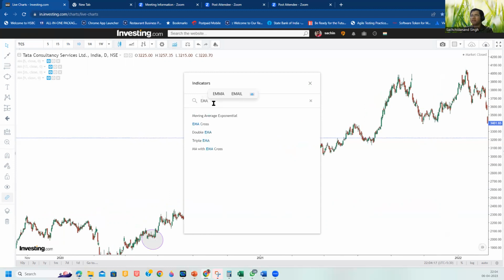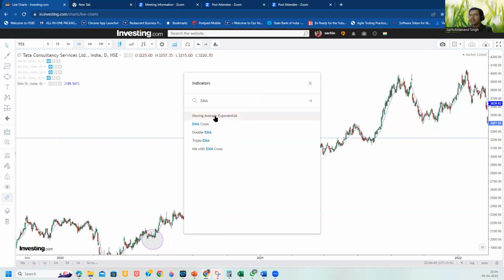You can type the complete name also, but EMA is the short form. Please observe that in the listing it will say moving average exponential, but it is the exponential moving average itself. I don't know why investing.com displays it like this, maybe they prefer it this way, but nothing to worry about.